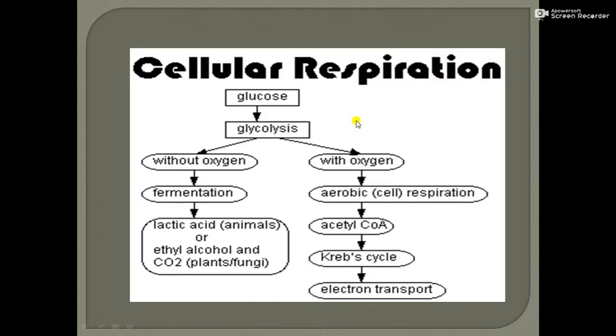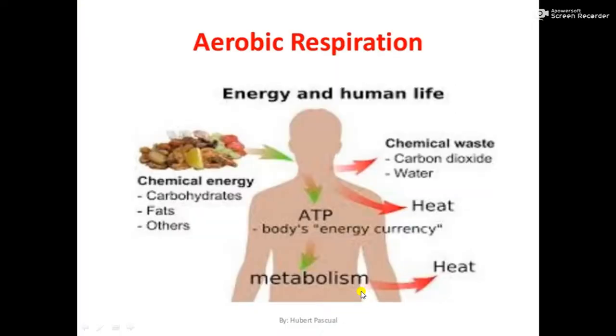So here you can see cellular respiration: glucose breaking down by glycolysis without oxygen forms fermentation and makes lactic acid in animals or ethyl alcohol in plants or fungi. And after glycolysis with oxygen, it does the aerobic respiration, forms acetyl-CoA, then enters the Krebs cycle and the electron transport chain.